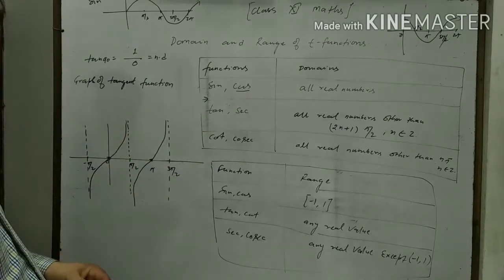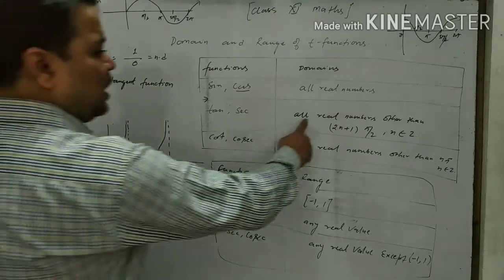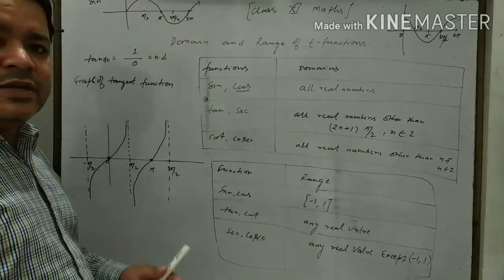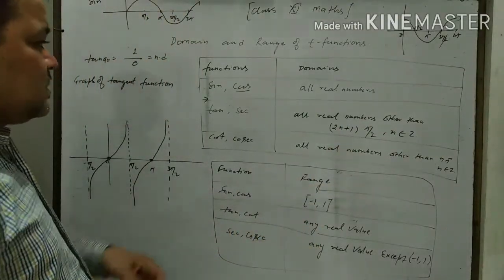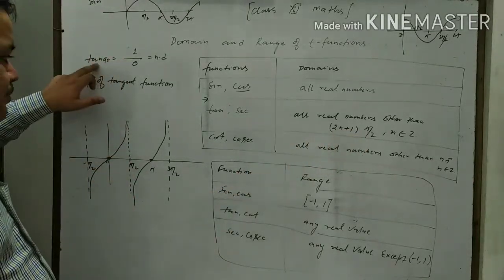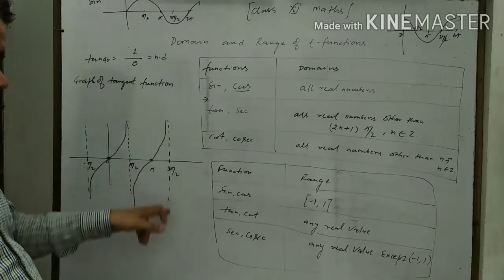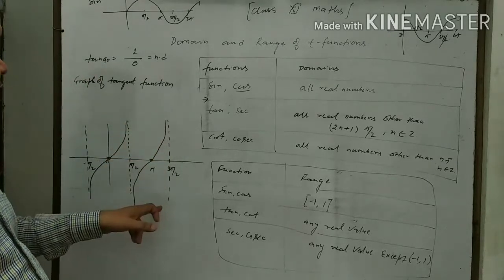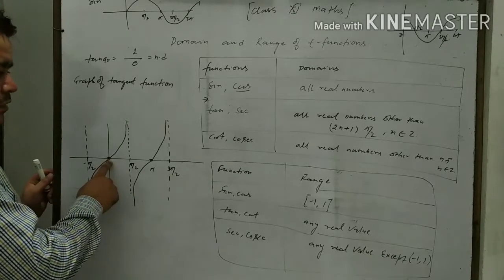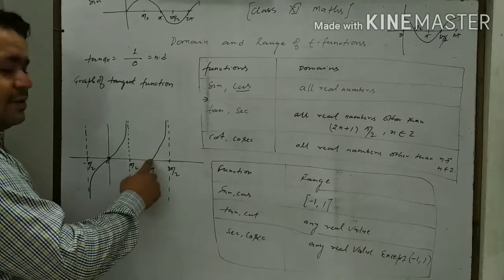Therefore, if I am writing here all real numbers other than odd multiple of pi by 2, now it's clear why it is. Because at odd multiple of pi by 2, the tangent function is not defined. Therefore, the graph is like that. Getting? Now, here we know that the graph of the tangent is repeated after pi.